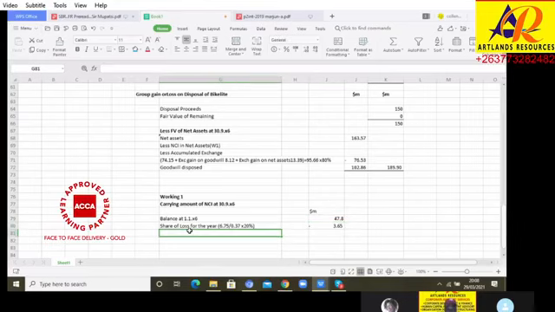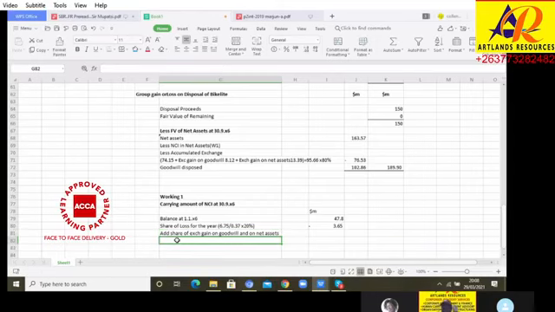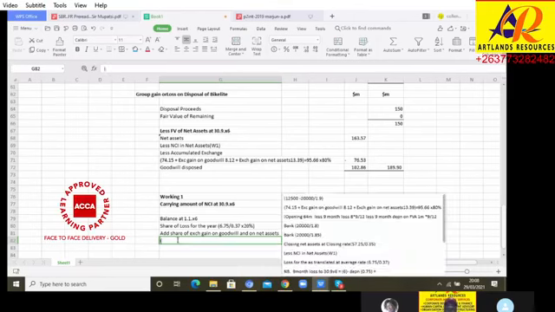And then I say add share of exchange gain on goodwill, as it is the full goodwill method, and on net assets. Notice it's on goodwill and on net assets because it's the full goodwill method. So we take for this year only because that is what we are yet to account for.